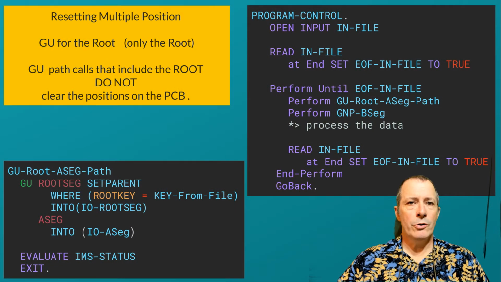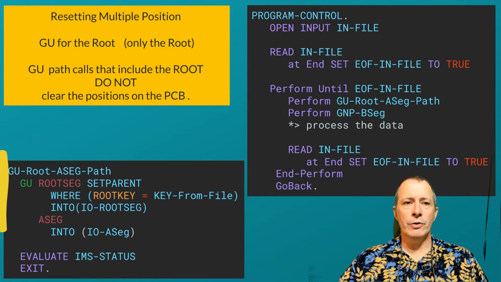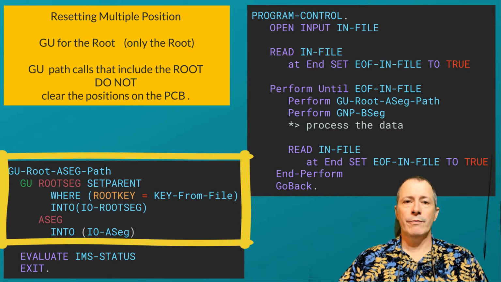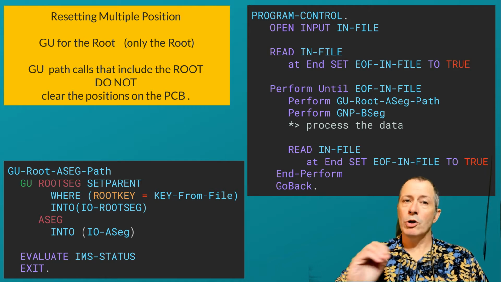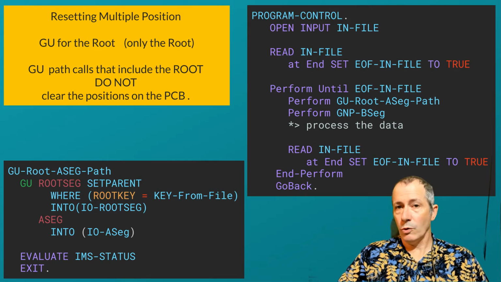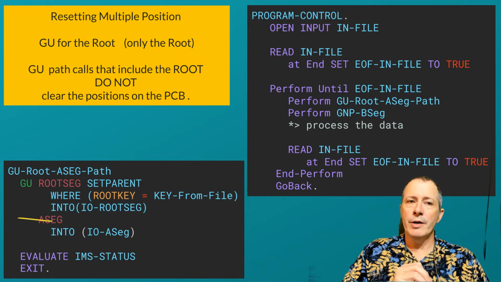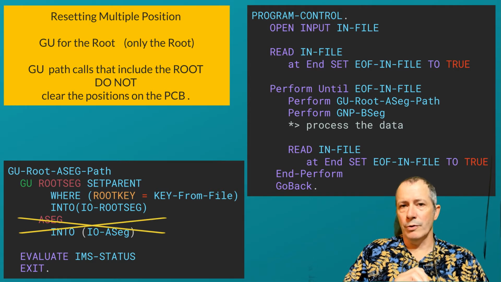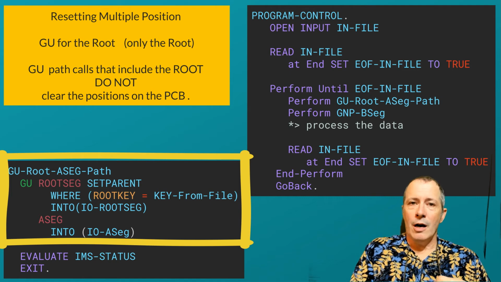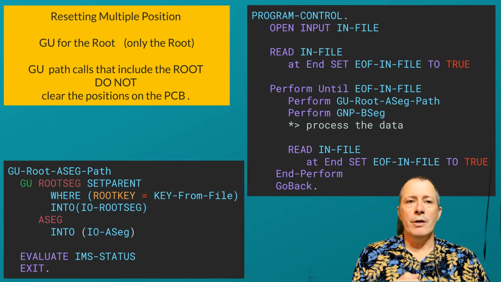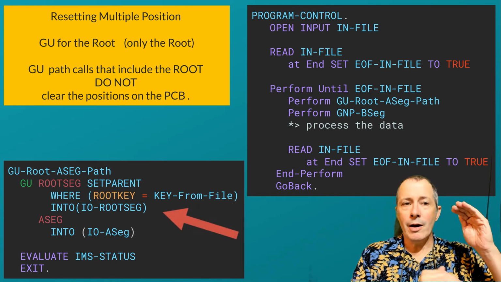This slide shows code that can have an issue when the first call on the path is a get unique rather than a get unique for the root only. Remember, earlier we discussed that multiple positions are reset or cleared when a get unique for just the root is used. The get unique on this slide is doing a hierarchical read of both the root and a child segment.